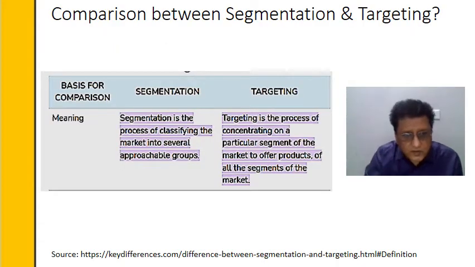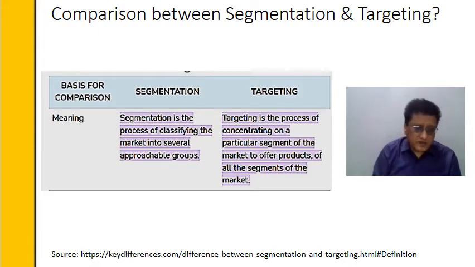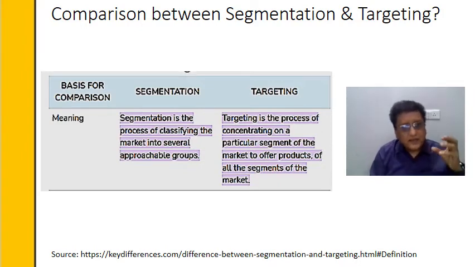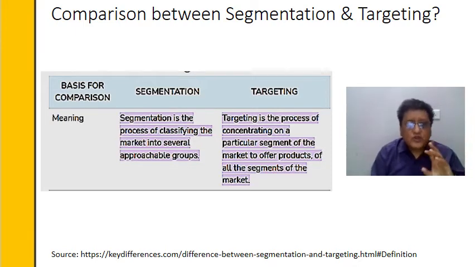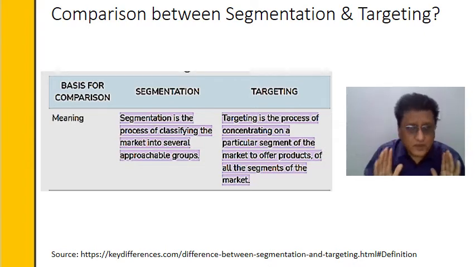So I thought I will also include a part wherein I explain to students the comparison between segmentation and targeting. Most of you would have understood by now that they are two different entities, but still for greater clarity: segmentation is the process of classifying the market into several approachable groups.